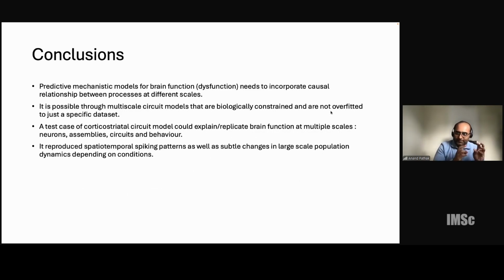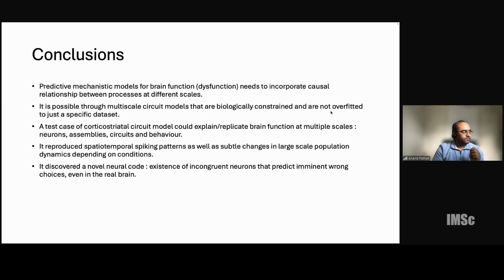And it also could capture the subtle changes in the large scale dynamics. The behavioral state dependent, learning dependent, all those dynamics were captured. And it also discovered a novel neural code. It suggested that incoherent neurons exist, and when we looked at the data, they actually existed.